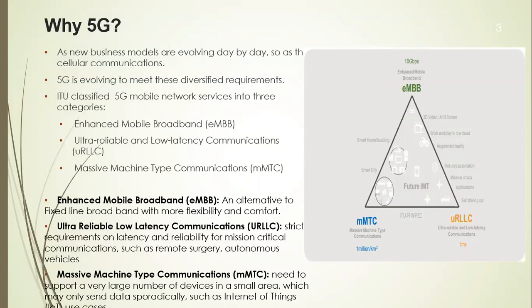So basically, ITU classified the 5G mobile network services into three major categories. One is enhanced mobile broadband.